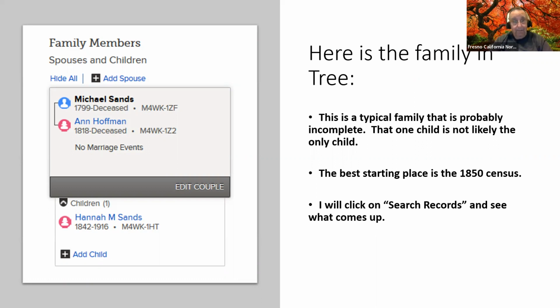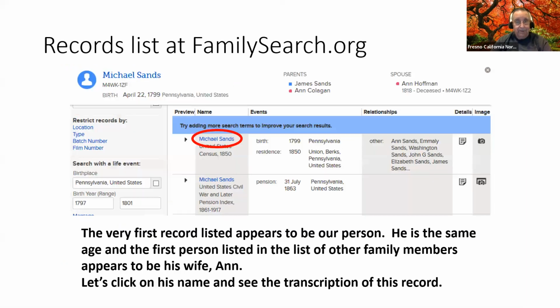Okay, so I'm on Michael's page. That's because he's darker here. I know that. I'm going to go over on the right-hand side under search records and click FamilySearch and see if I can find an 1850 record for Michael Sands. And when I pull it up, this is an old version of the screen, but it still shows what we need.